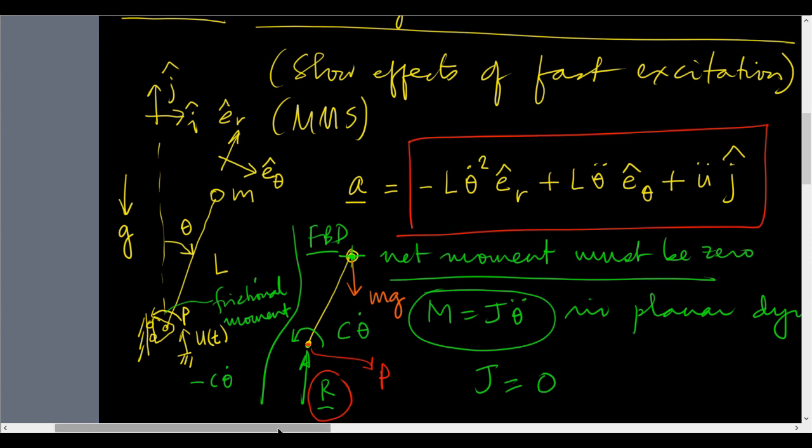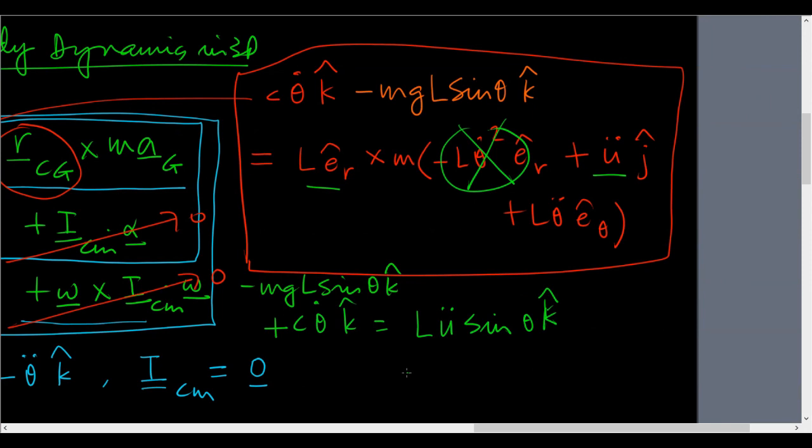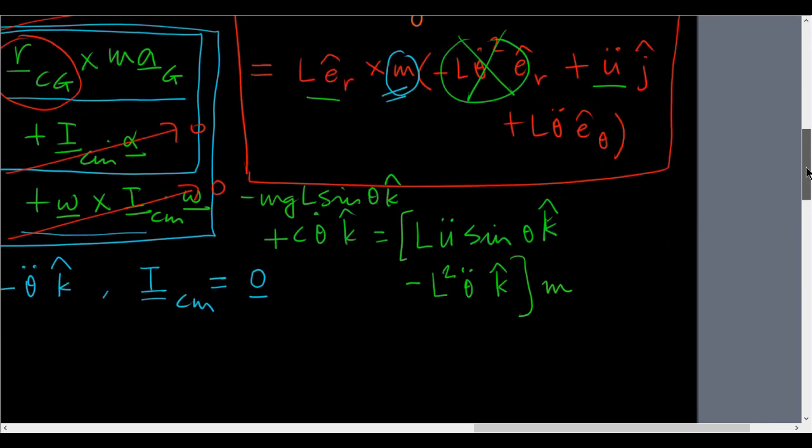So we write minus L squared theta double dot k. Of course, remember that there is this m sitting outside, so we have to come back here and multiply this right hand side with m. That's our equation of motion.